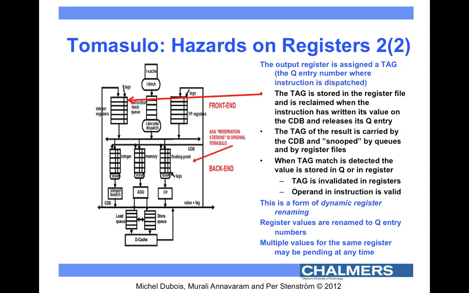The tag will be reclaimed when the instruction writes its value back to that particular register. When an instruction finishes its execution, it will post the value plus the tag, so that all instructions that are waiting for exactly this tag for this operand, where we have a strict read after write dependency, see that the value is now available, and they will grab it from the common data bus.